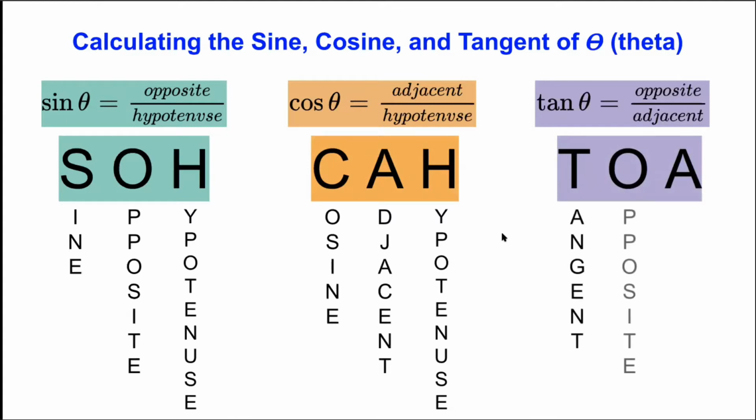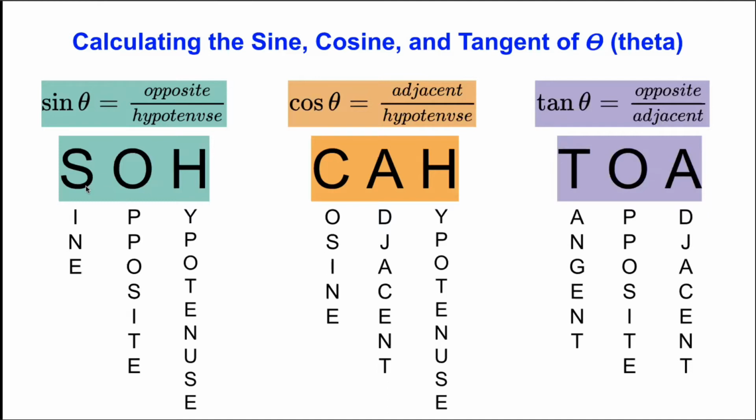Tangent, opposite, adjacent. So SOHCAHTOA. You're going to repeat that over and over again in your head so that you can easily remember where the parts of each function belong.